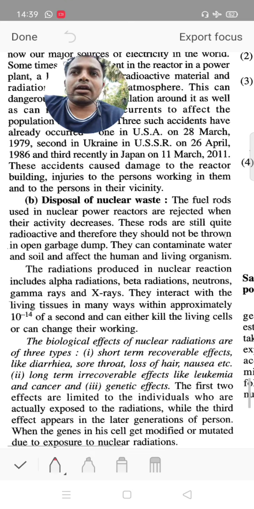America attacked Japan with nuclear bombs on 6 August 1945 at Hiroshima and on 9 August 1945 at Nagasaki. This shows the tremendous power of a nuclear bomb.